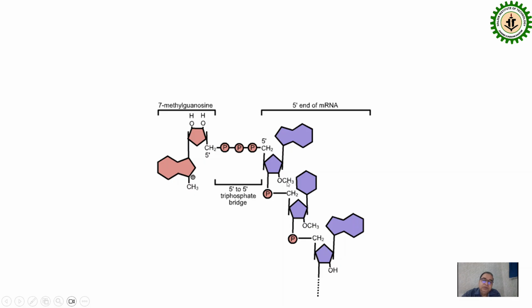So this additional methylation also helps to protect this cap. This cap structure protects the RNA from nuclease activity. That's why this 5' cap is necessary to impart stability to the mRNA.